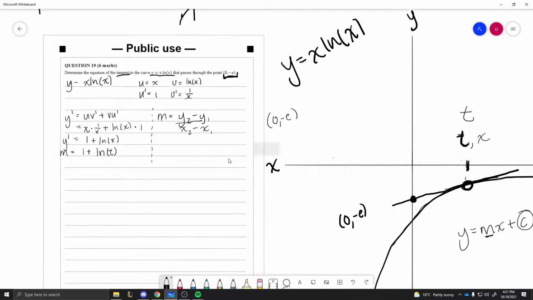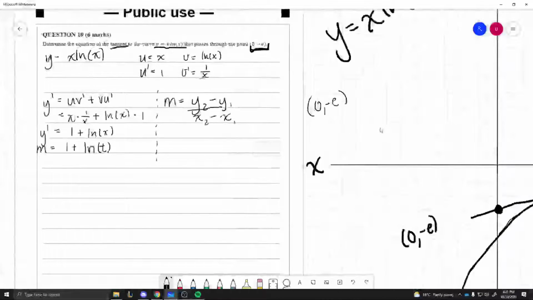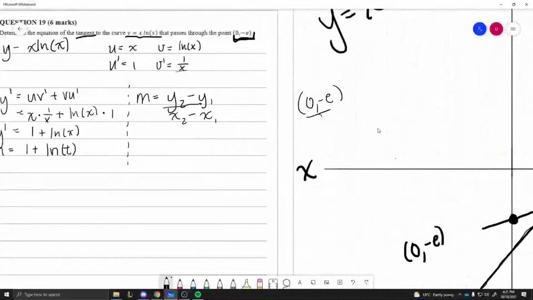So now, let's let this m be y2 minus y1 over x2 minus x1. We know that these two are completely valid points, right? Because this is an x and this is your y, x by y, that's your coordinate. Because t is what we're trying to find, let's call t and the y for t our x2 and our y2.